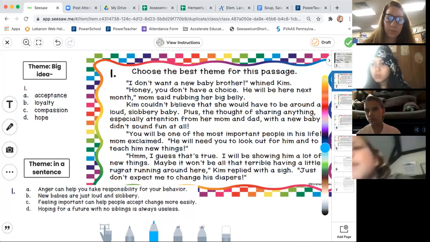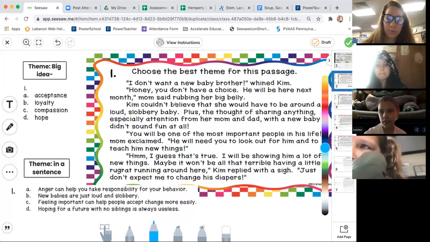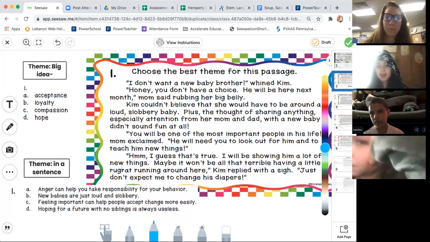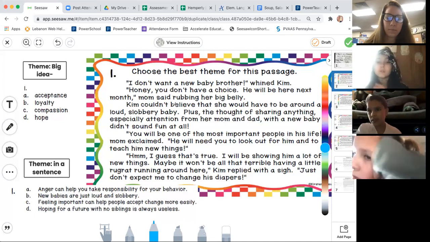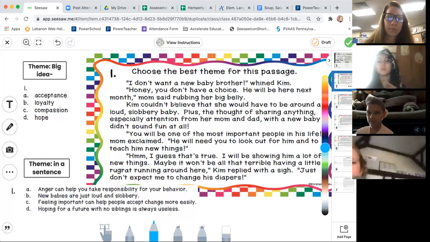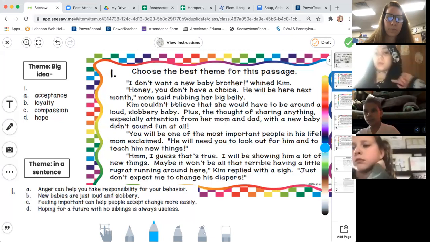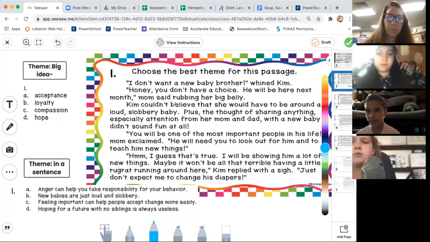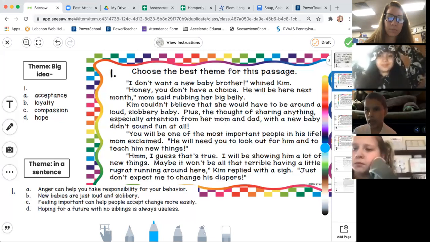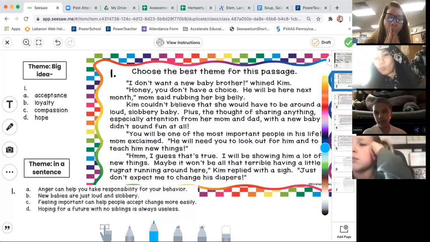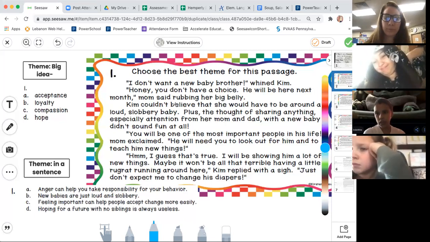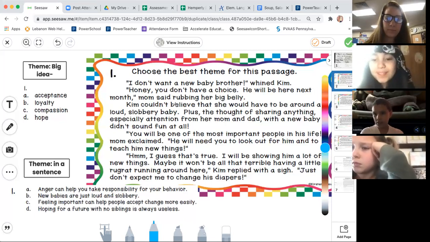You will be one of the most important people in his life, Mom explained. He will need you to look out for him and to teach him new things. I guess that's true. I will be showing him a lot of new things. Maybe he won't be a troublemaker, having a little ragged running around here. Kim replied with a sigh, just don't expect me to change his diaper.